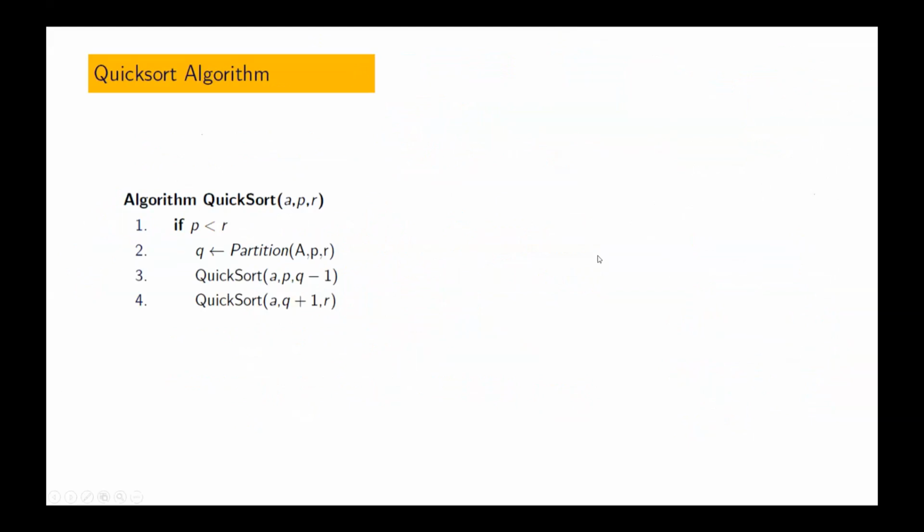Now tell me, our array is A[P..R]. How do I know whether there are at least two elements or not?